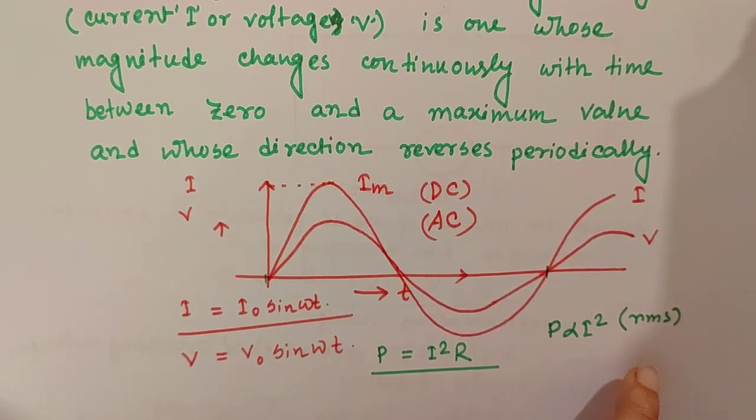The RMS value of a current is equal to the magnitude of a steady direct current that would produce the same heating effect. What is of importance in an AC circuit is the RMS current. So now we are going to find out the RMS value of current, IRMS.